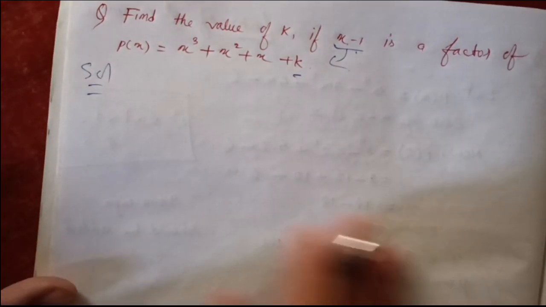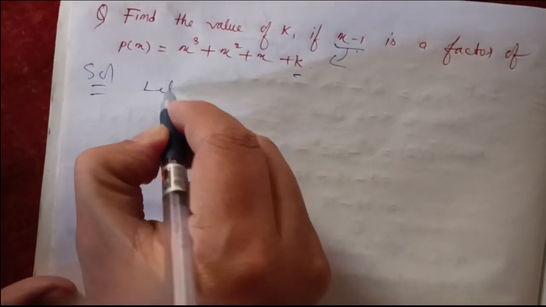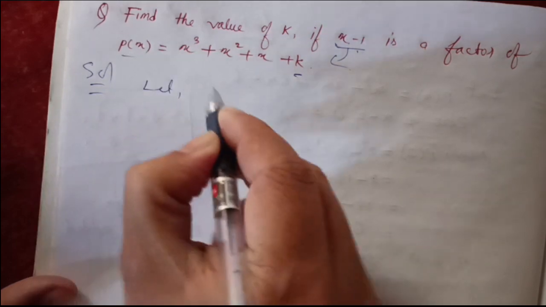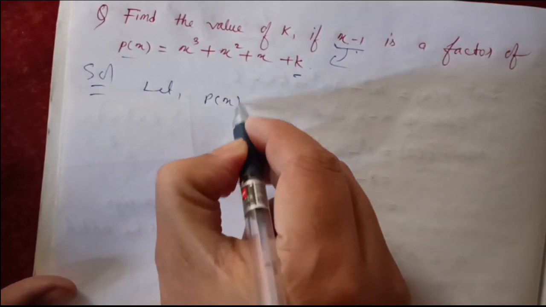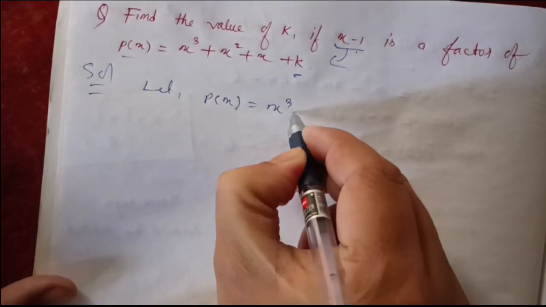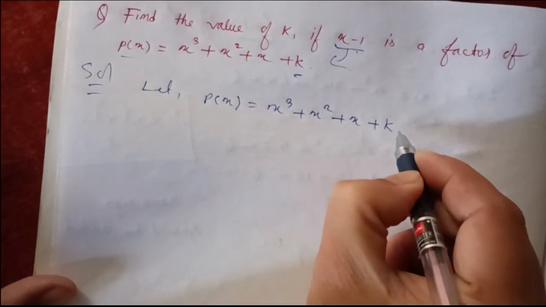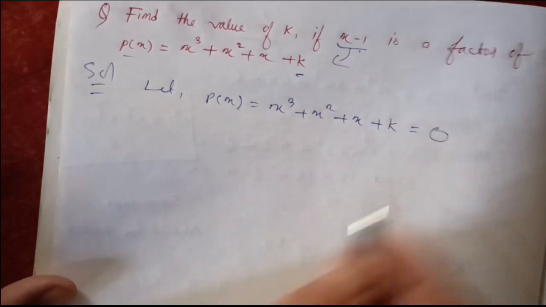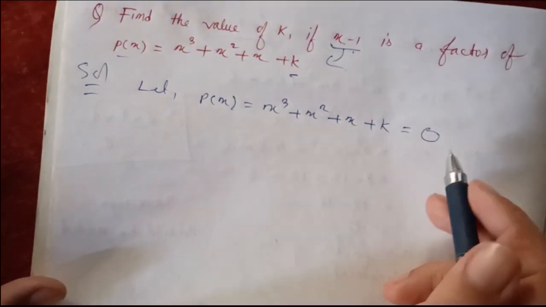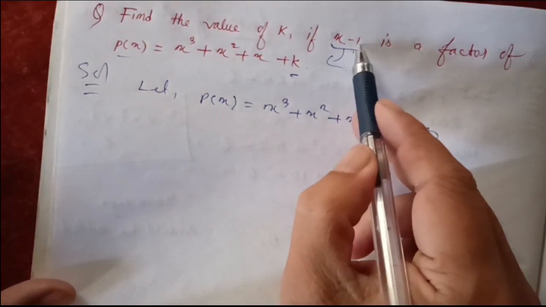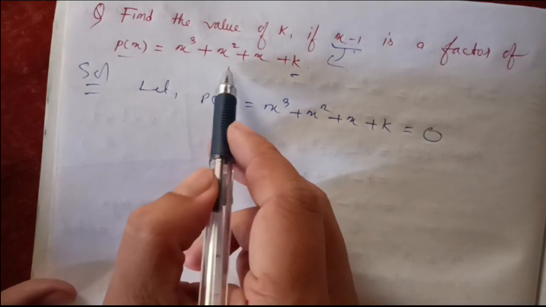Okay, now we can start. Let us copy from the question. P(x) equals x cubed plus x squared plus x plus k equals 0. We should not forget to put this 0 because they already say that x minus 1 is a factor of this one.